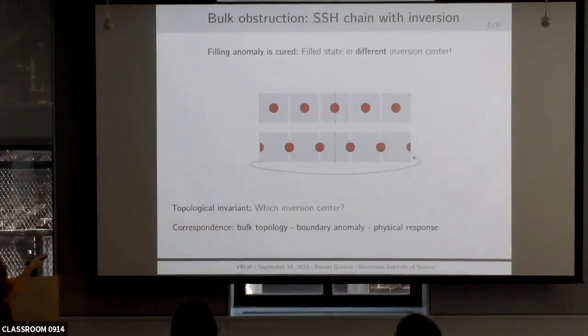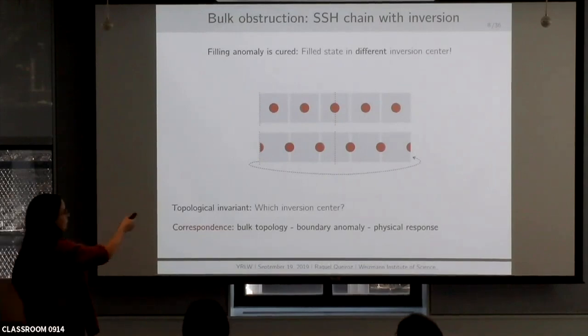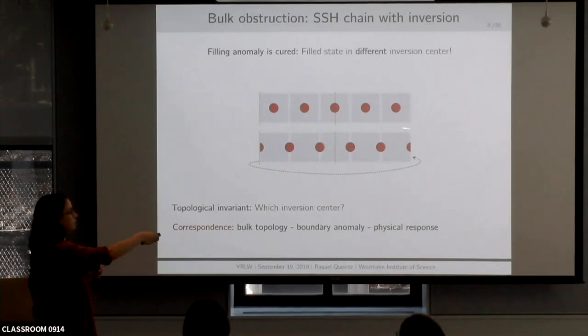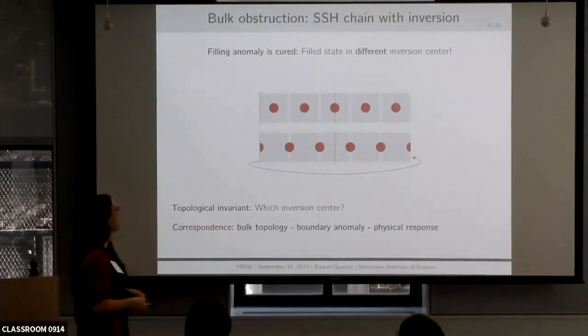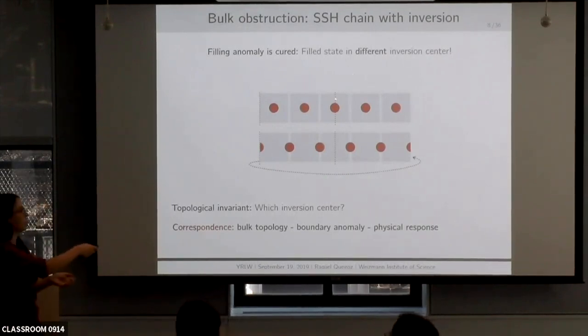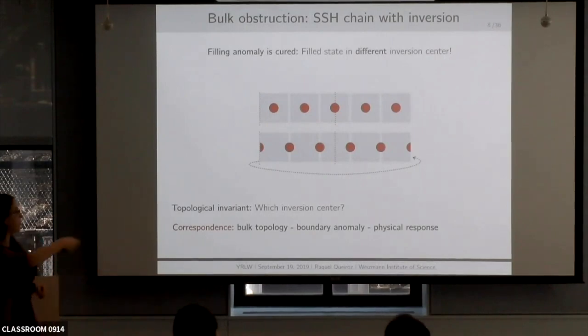If I were to now close the boundaries of this one-dimensional chain, I still have a very well-defined topological quantity, which is whether my charges occupy the inversion center or the newly formed inversion center at the edge of this chain.